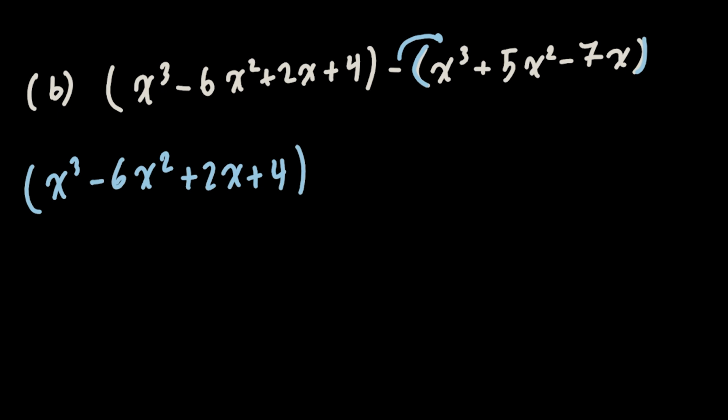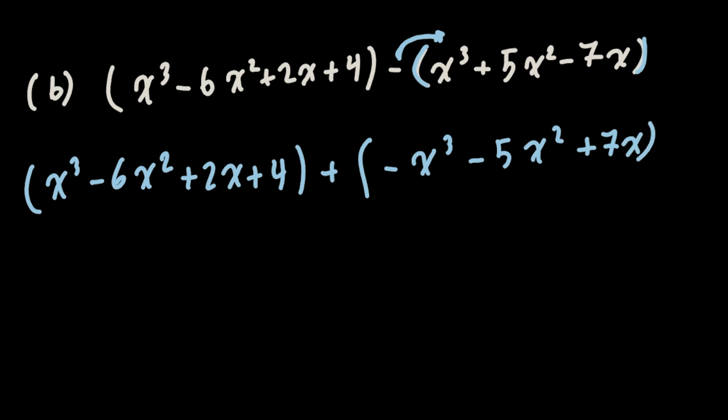And then we will have a summation, and this minus we will just put inside, but we have to multiply it with all the terms that we have. So we will get minus x to the power 3 minus 5x to the power 2 and plus 7x.